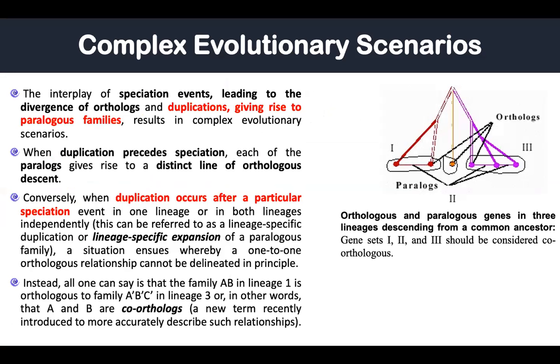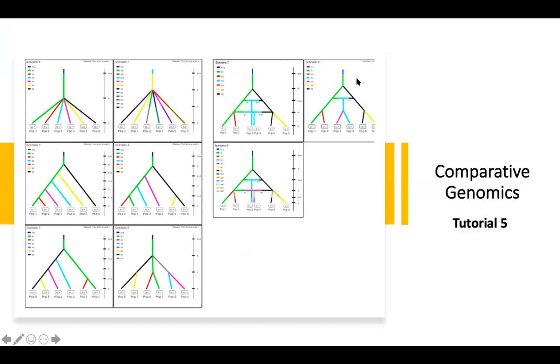Right, so the interplay of speciation events, which leads to divergence of orthologs, and also duplications, giving rise to paralogous families, results in complex evolutionary scenarios. If you're looking at just one event, just speciation, you'll see something very simple like this, right?